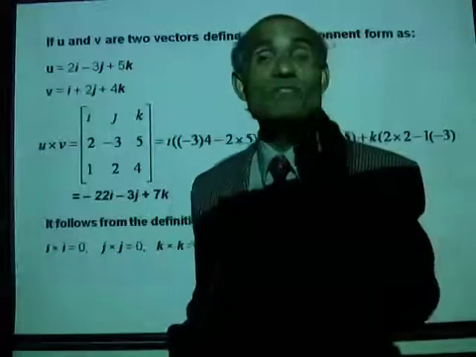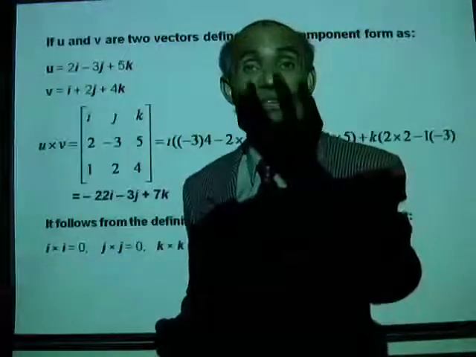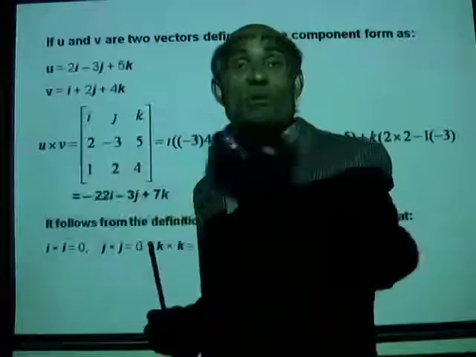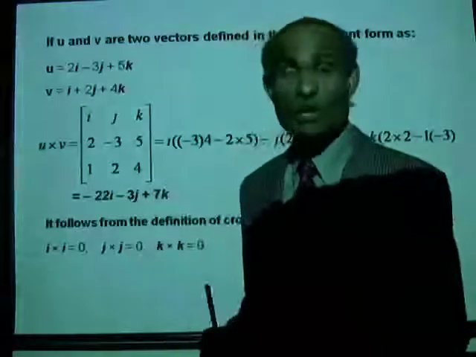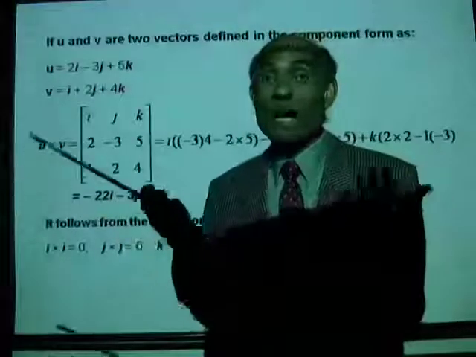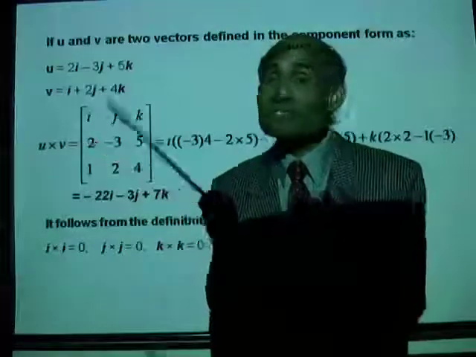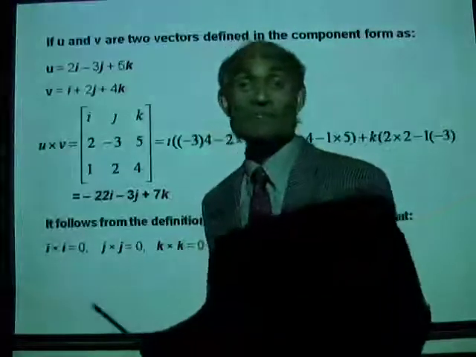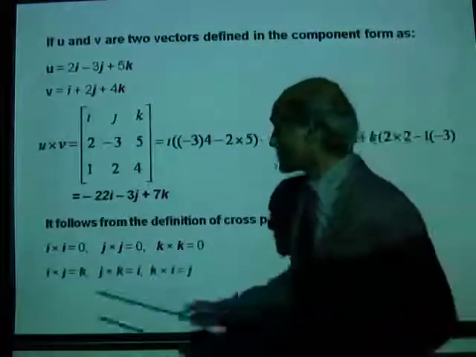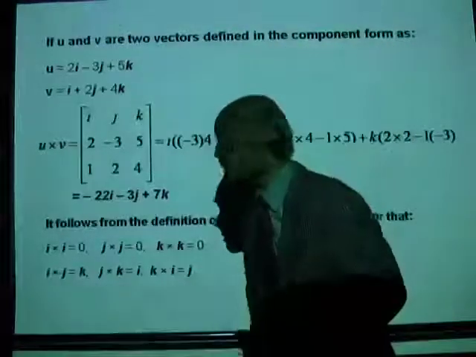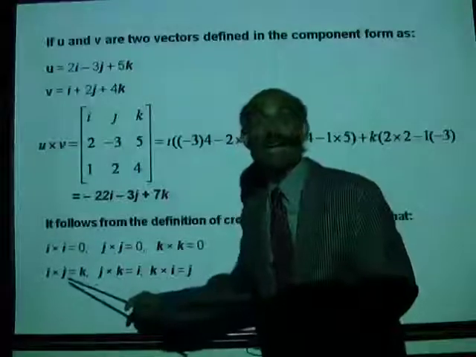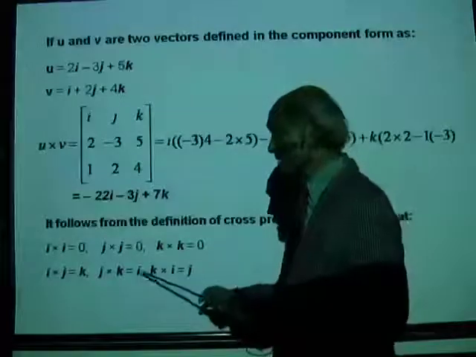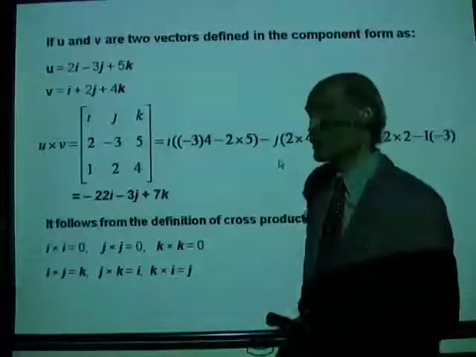In other words, if you take the cross product of two vectors which are the same, A cross A is 0, B cross B is 0. Why? Because the angle between the two vectors, the same two vectors, is 0. And sine 0 is 0. Well, you also know, therefore, i cross j is the same as k. j cross k equals i, and k cross i equals j.